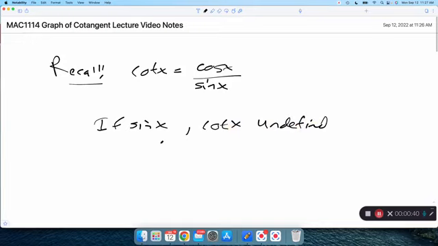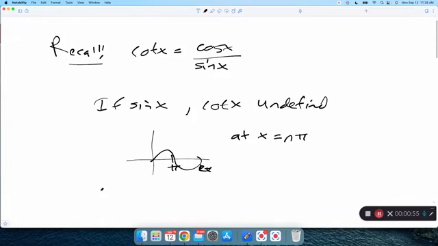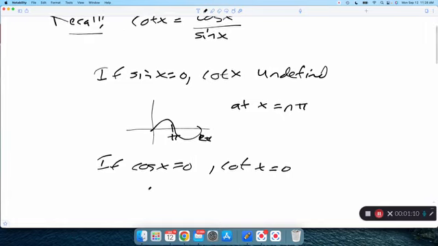And we've seen that happens if we graph sine really quickly. That happens at all the pi's. So that's at x equals n pi, where n is an integer. And if cosine equals 0, I was supposed to say if sine equals 0. If cosine equals 0, cotangent also equals 0, because 0 divided by not 0 would be 0.